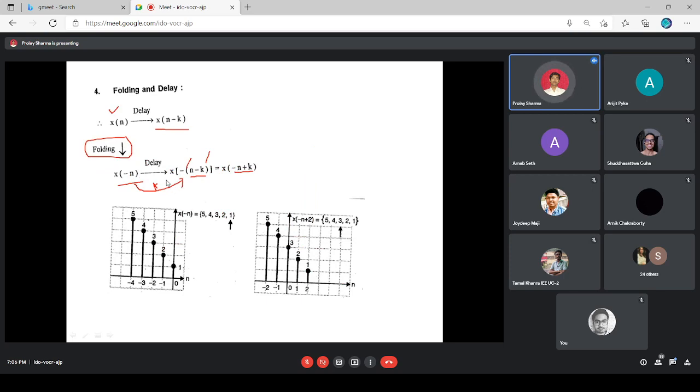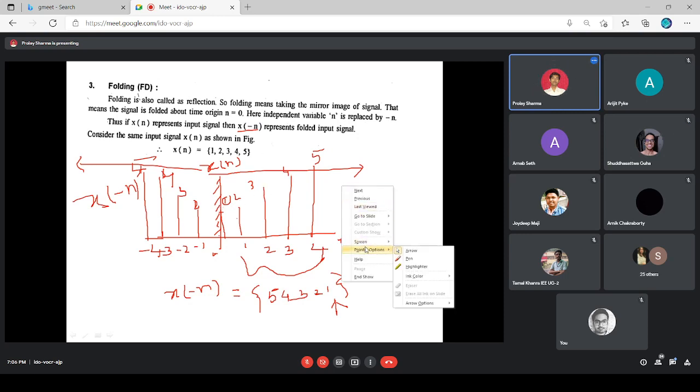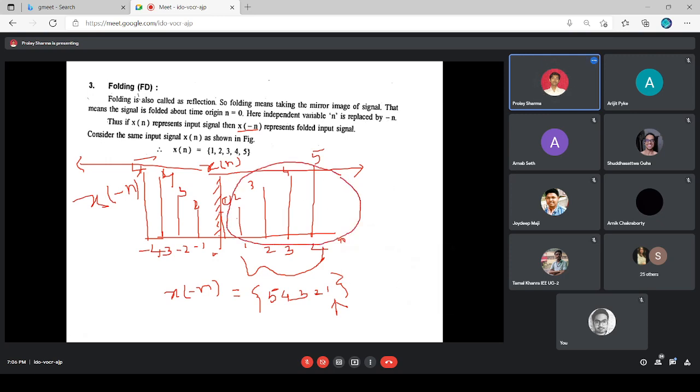Then folding and delay. Sir, in the previous case, will the original signal remain or will only the folded signal remain? The original signal is x[n], and this signal will be x[-n].